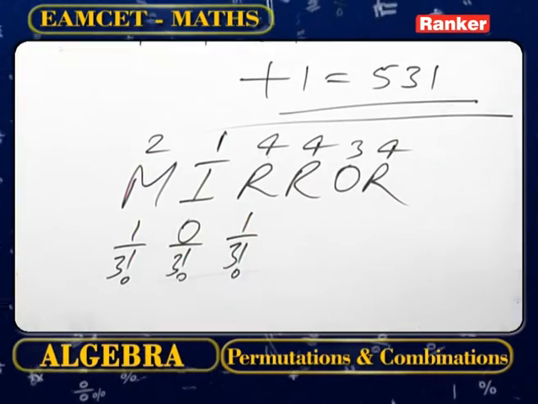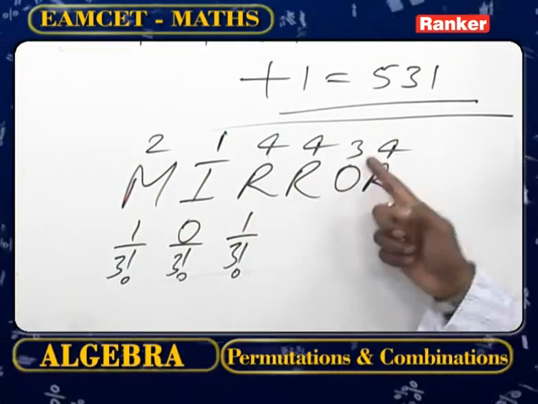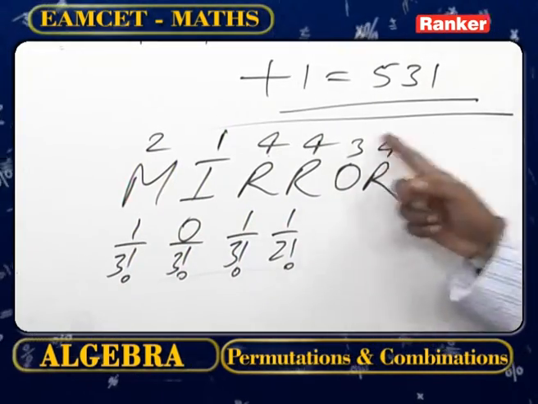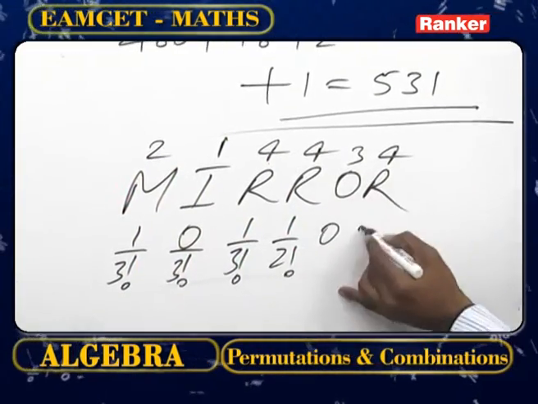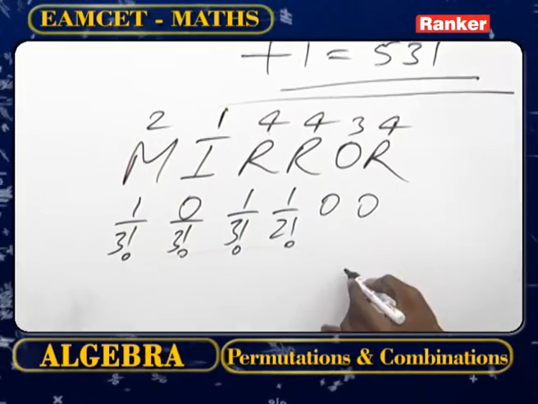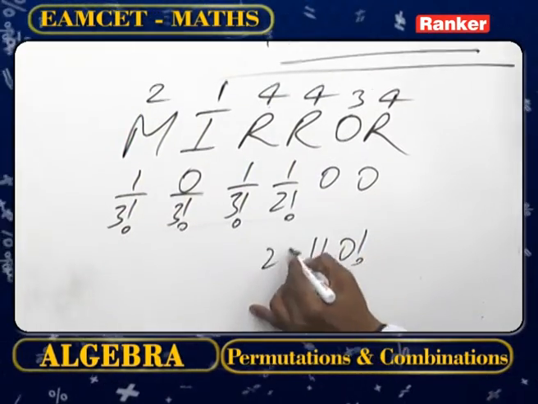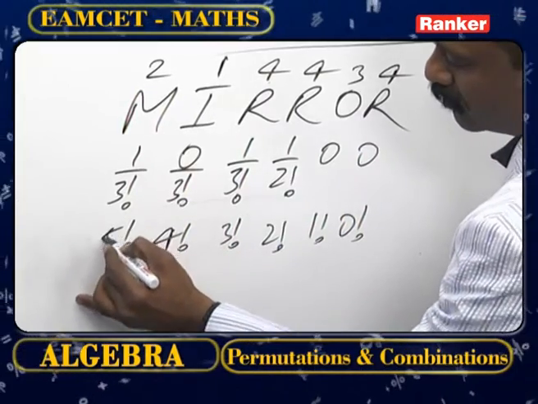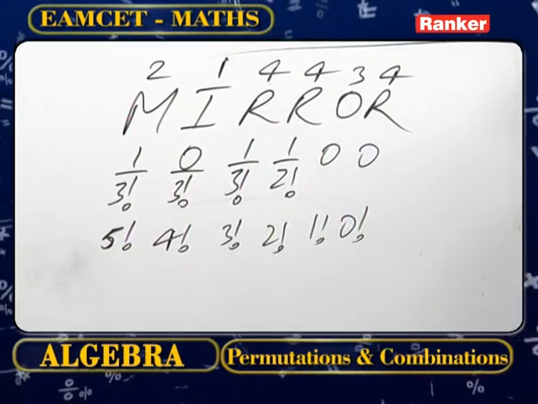1 by 3 factorial. Less than 4, only 1, but 2 repetitions, 2 factorial. Less than 3, nothing. Less than 4, nothing. 0 factorial, 1 factorial, 2 factorial, 3 factorial, 4 factorial, 5 factorial. So what should it be now?